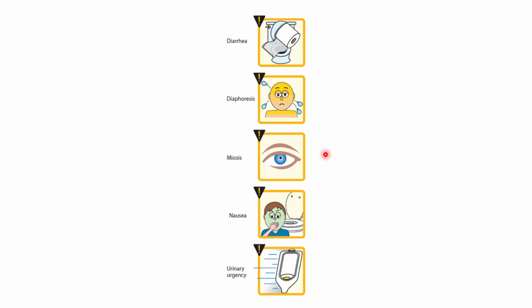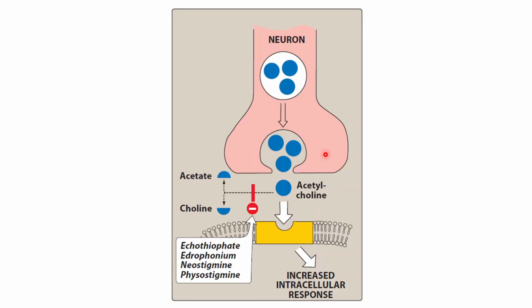So the next group is indirect acting cholinergic agonists, and the acetylcholinesterase. So there is an enzyme in the synaptic cleft that is called acetylcholinesterase, and it destroys the acetylcholine to acetate and choline.